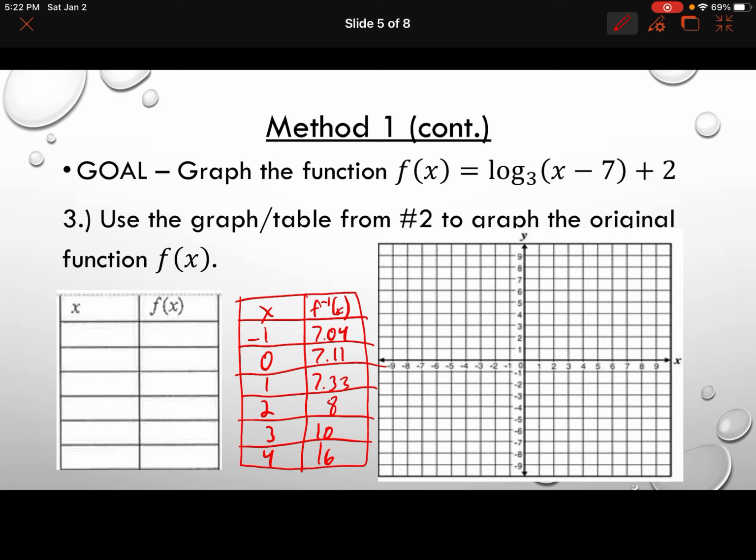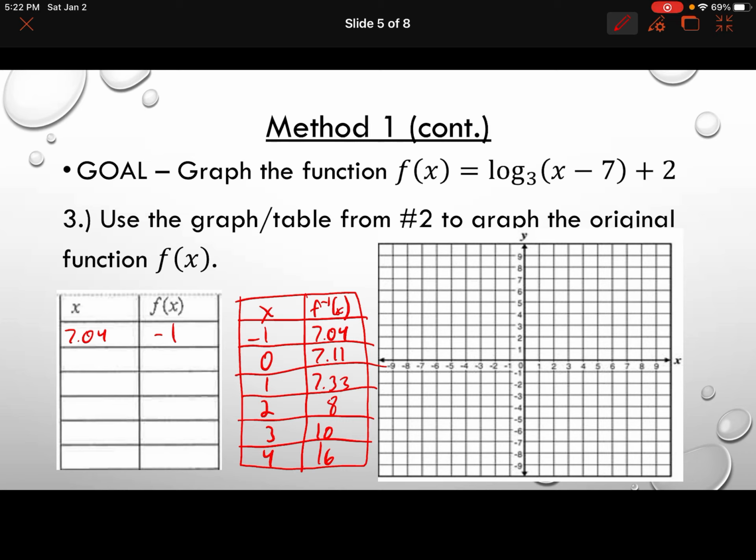Since we did that table already in the previous slide, we can easily do the original function table now. Because, once again, since they're inverses of each other, all we have to do is switch the points. So instead of negative 1, 7.04, we have 7.04, negative 1.